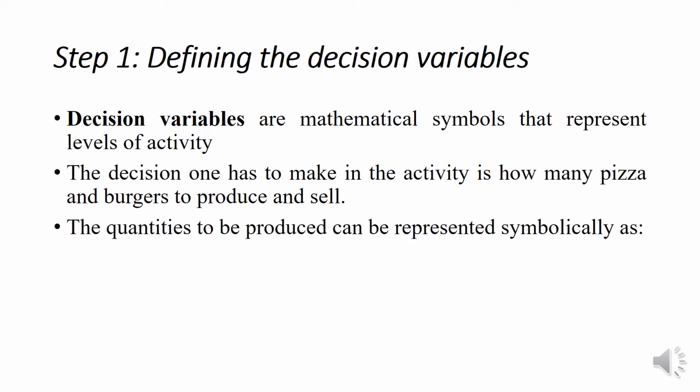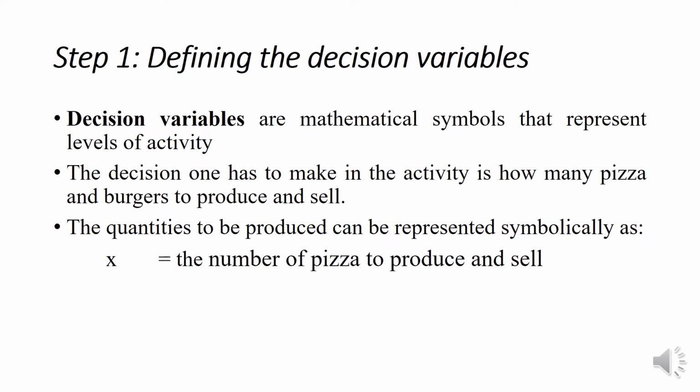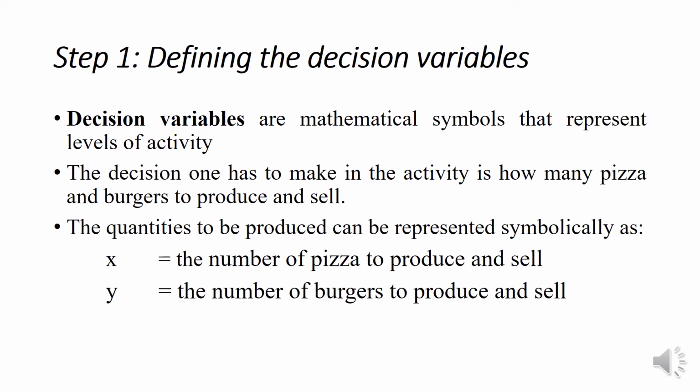These quantities can be represented symbolically as, let's say, X as the number of pizza to be produced and sold, and Y the number of burgers to produce and sell. So these are our decision variables, X and Y. Again, X represents pizza and Y represents the burger.